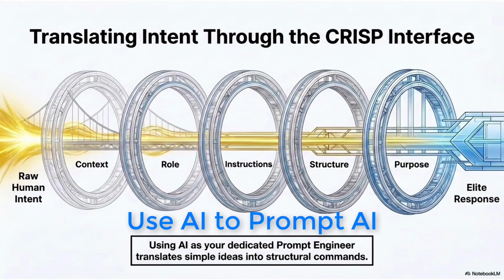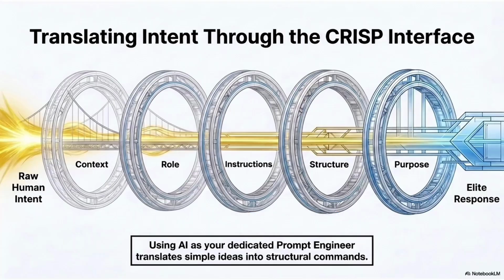And it translates simple ideas into structural commands that the AI can then execute on very, very strongly, versus the generic prompts that we might give it, which would give us the AI slop we warned against.